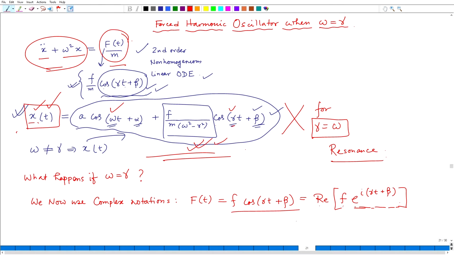Okay. I can do another thing. I can take f, which is a constant, and the constant part from here, which is e to the power i beta, times the time dependent part e to the power i gamma t, and then I can call that Re of f0 e to the power i gamma t.